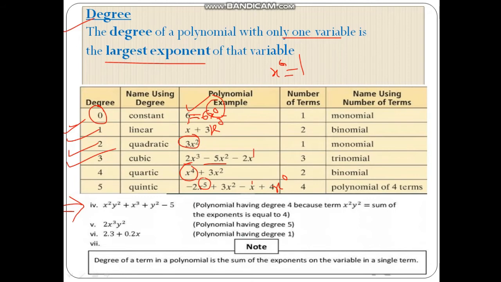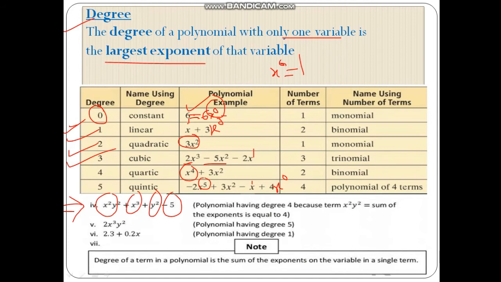When we are having two or more variables, then we are going to concentrate on the single term: first term, second term, third term, and this is the fourth term. In the first term, we are going to add up all the exponents, जो भी उनकी पावर्स हैं। लाइक मेरे पास x square और y square में पावर क्या है? 2 and 2.